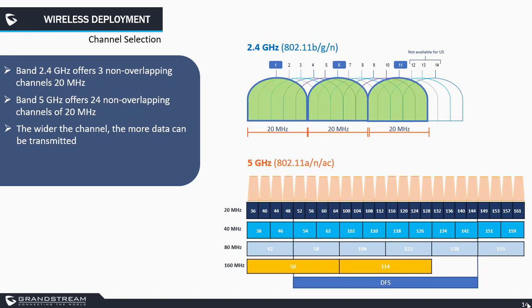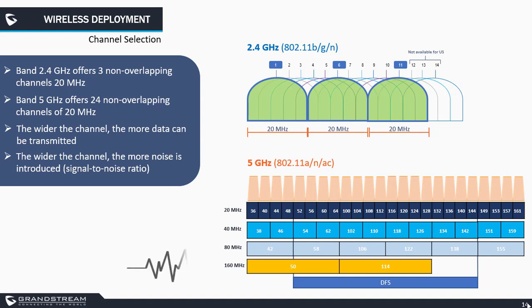And DFS, which stands for Dynamic Frequency Selection, allows the access point to detect if there is any signal from a close-by radar to automatically change the channel, because this is required by the law. You can't put your access point in a channel that is used by a radar and not have this option, which is the DFS.